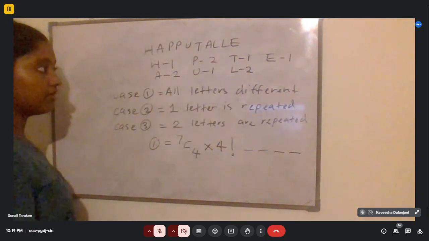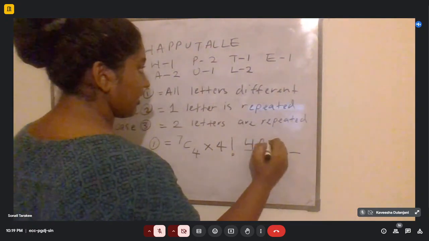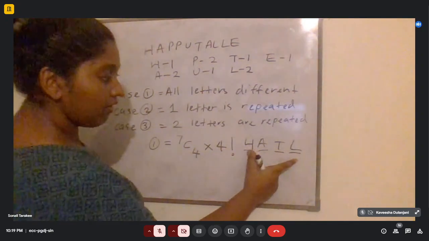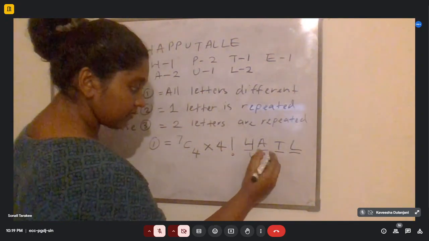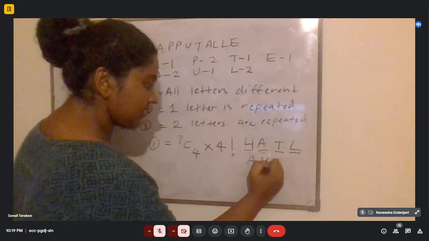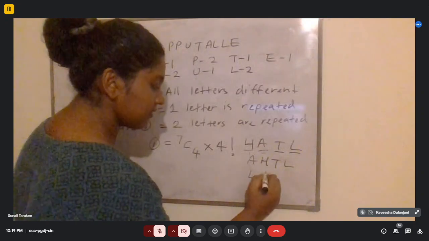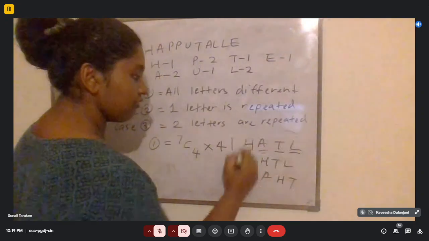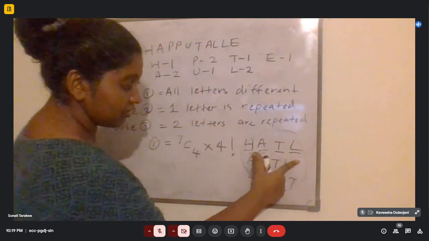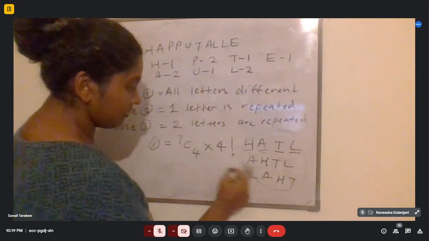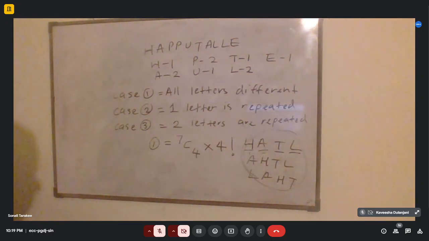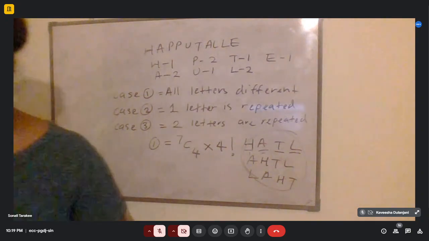Now let's say I selected the letters H, A, T, L. Now these 4 letters can be changed. I can write it like this as well and this as well. There are four possible positions, so you factorial it to find the number of different positions they can take. So 7C4 times 4 factorial you get.